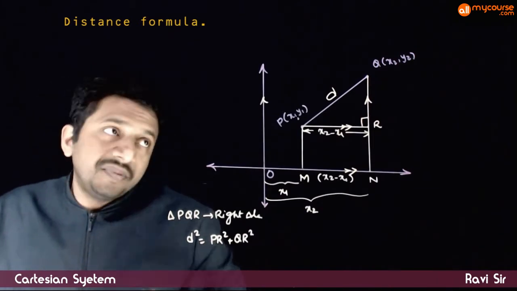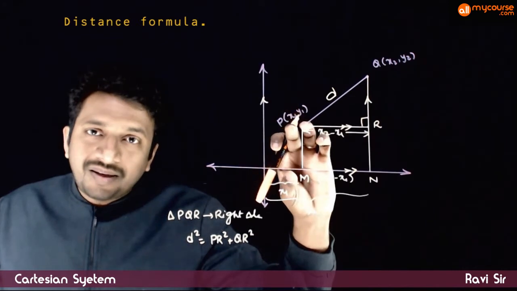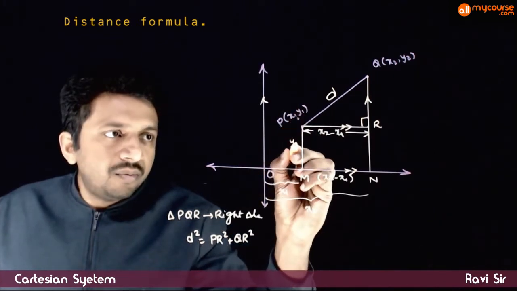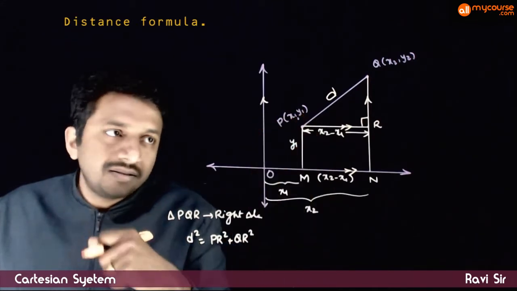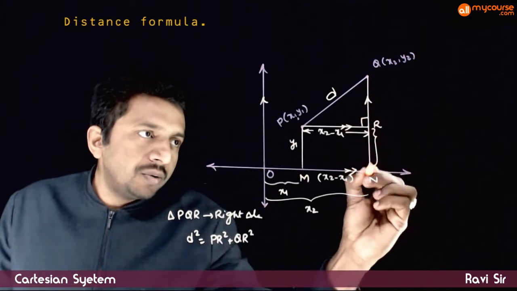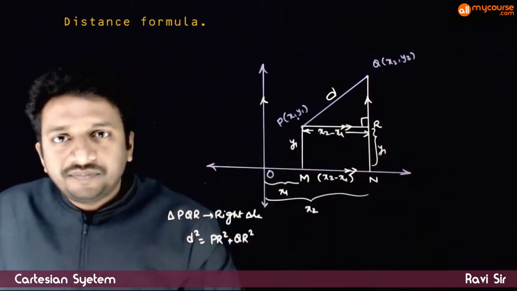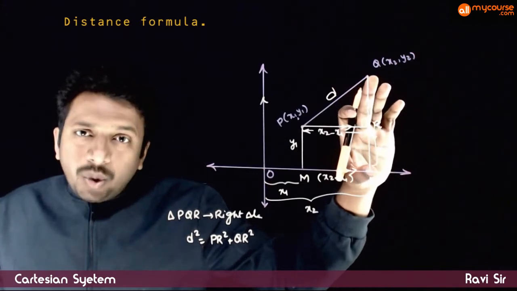Now similarly, what is this distance PM? PM is nothing but y1, right? That is the distance of point P from x-axis. So if this is y1, RN is also equal to y1. Now, what is the distance QN?